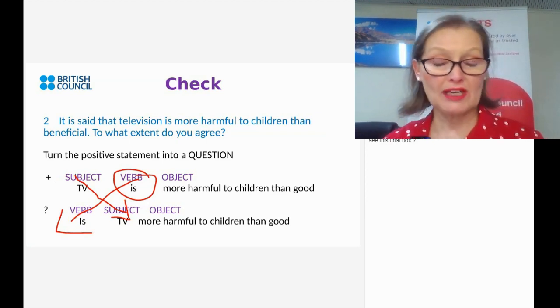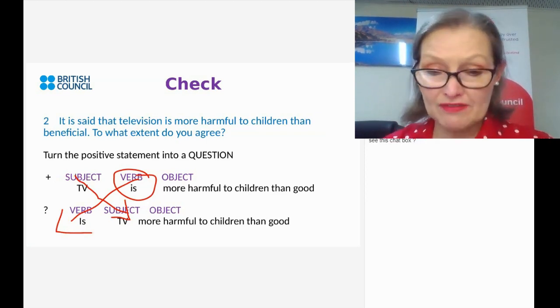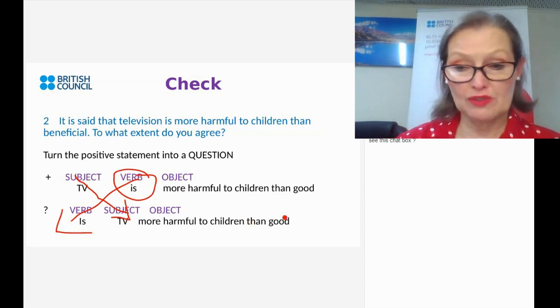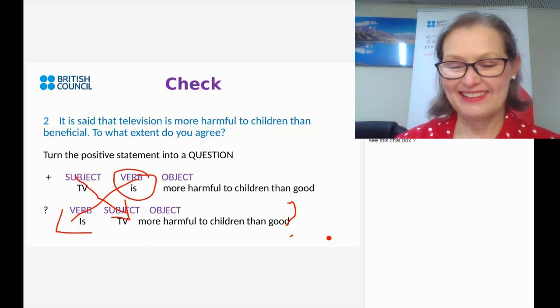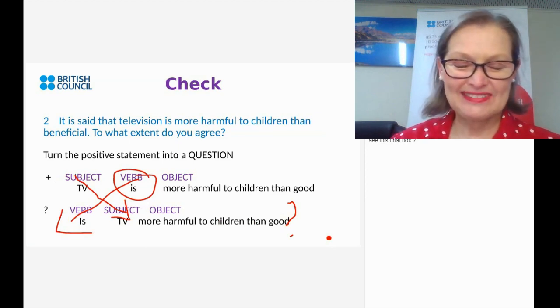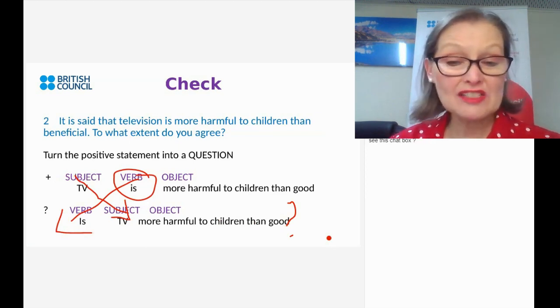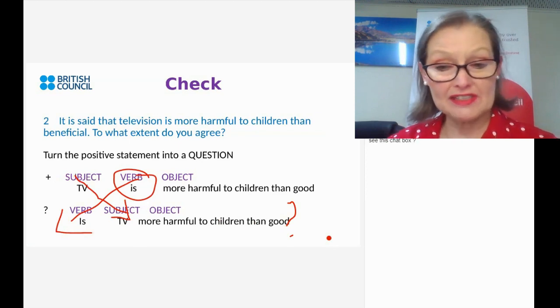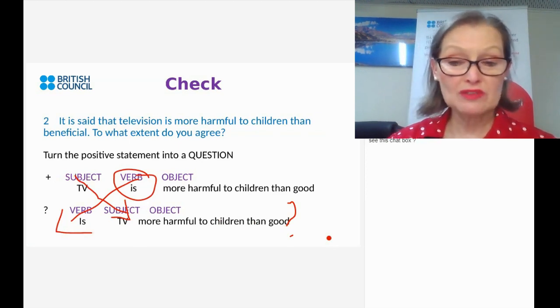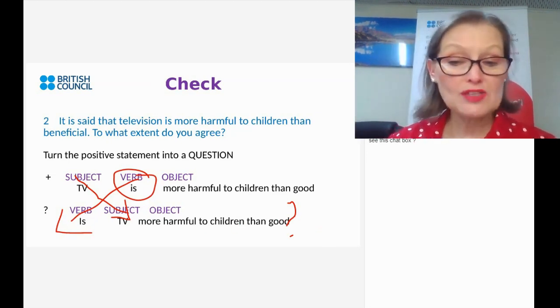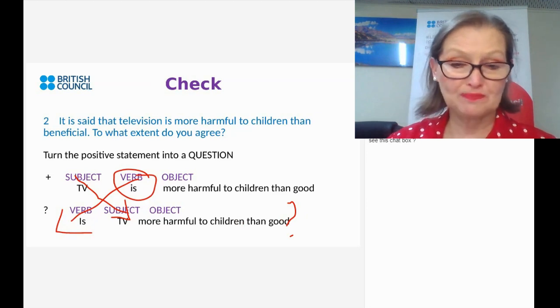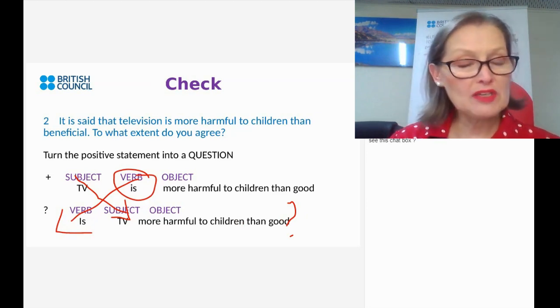So my question becomes, is TV more harmful to children than good? And there should be a question mark there. Okay. And now once again, it's easy to answer, isn't it? Yes, TV is more harmful to children. Or no, I don't think so. I think TV has more good points for children. Now try question number 3.